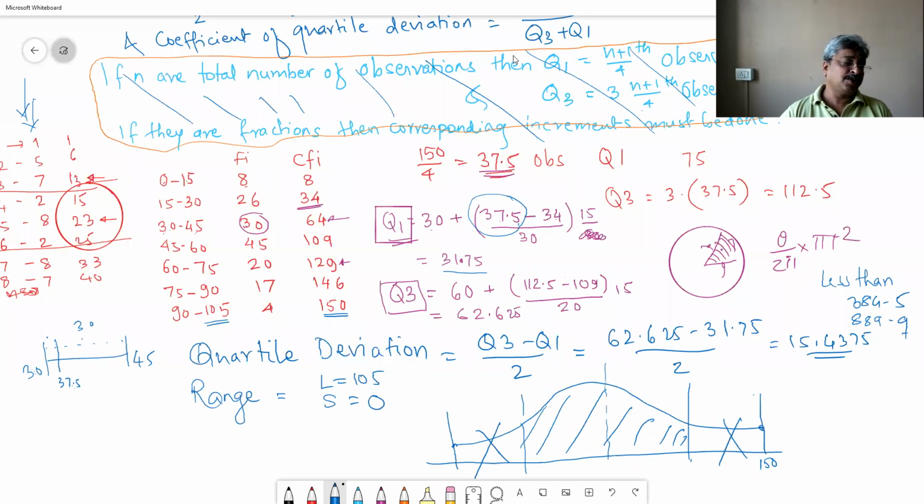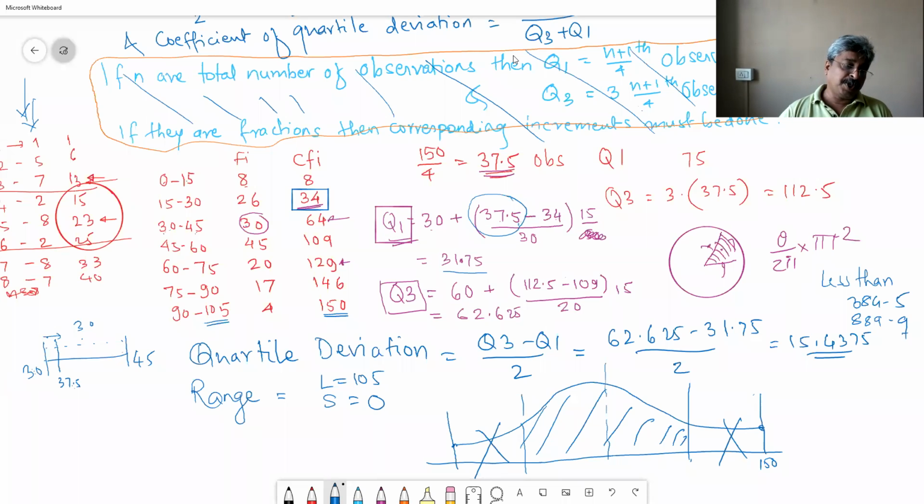And observations before that were 34. So 37.5 minus 34 is how much ahead you want to go. It is 3.5. 3.5 you want to go ahead.